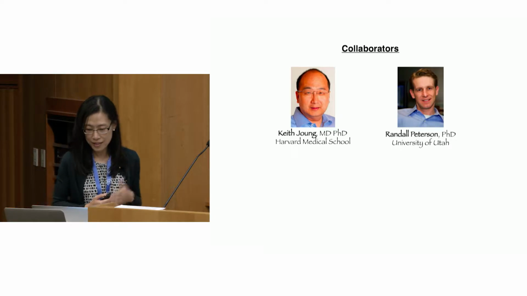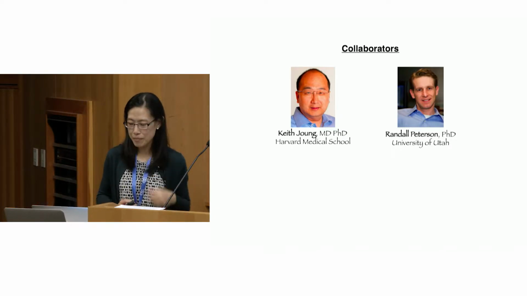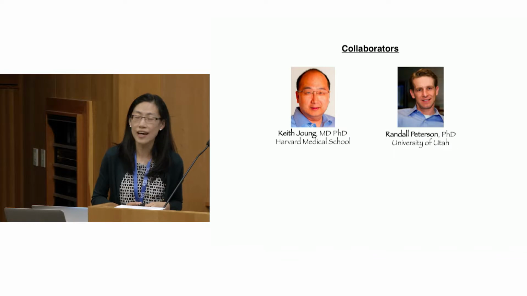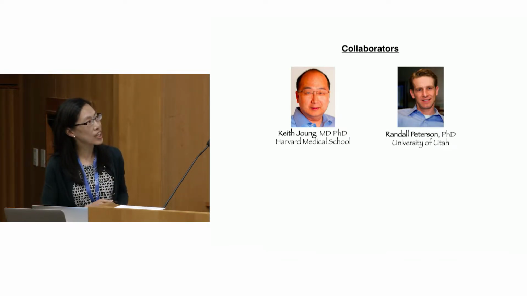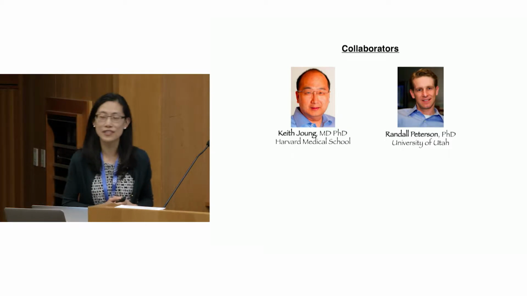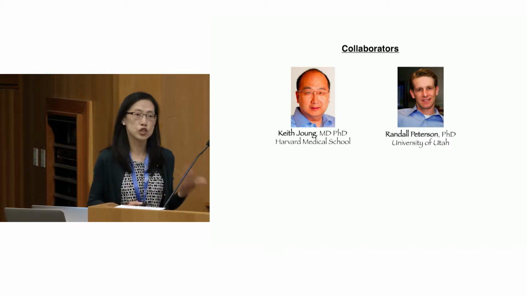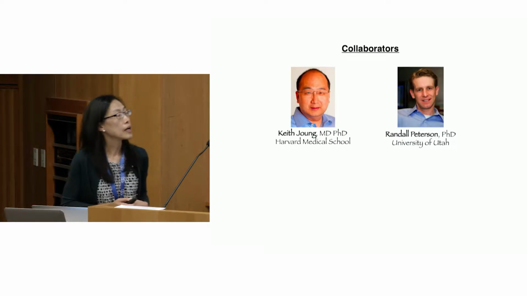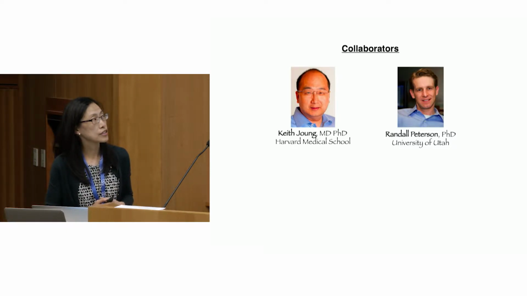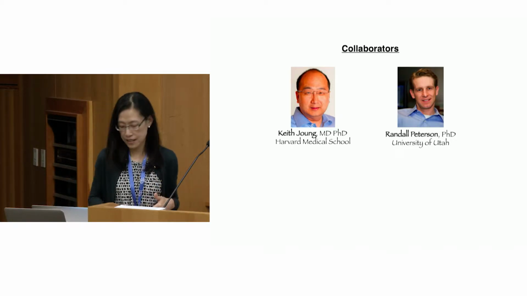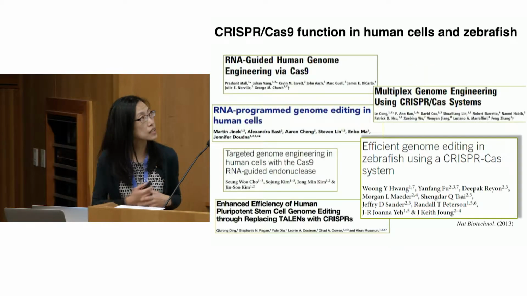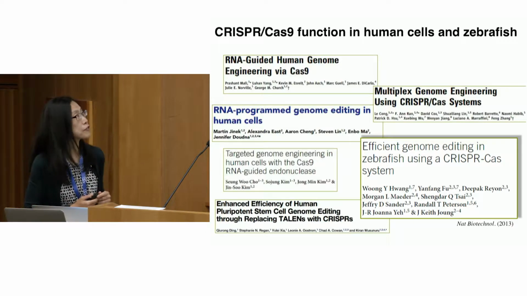So in the past 10 years, as Dana mentioned, I have been in collaboration with longtime collaborator Keith Zhang, who is also at Mass General, and Randall Peterson, who just recently moved from Mass General to the University of Utah, on developing genome editing technologies in zebrafish. Previously, we worked on ZFNs and TALENs, and more recently on the CRISPR platform.